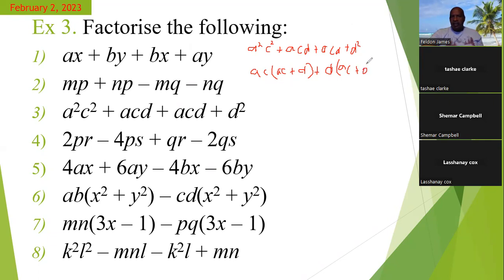When we check the expression now in the brackets, we notice that the expressions in the brackets are exactly the same, so we can pull out the brackets. So we have AC plus D common.